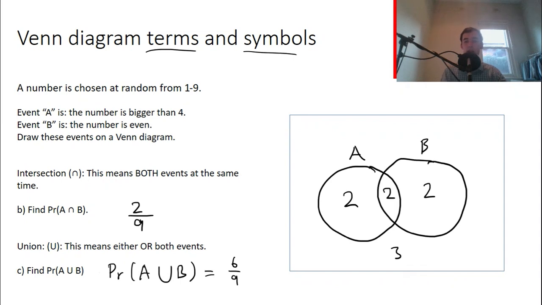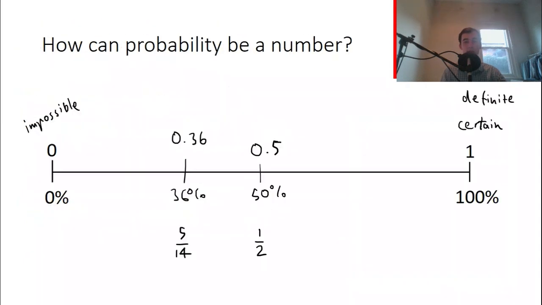All right. So just to recap, what have we learnt? We've learnt how probability can be a number, and it can be a percentage or a decimal or a fraction. And what those numbers mean, keep in mind that 1 is the highest possible probability if it's a decimal. You can't have a probability bigger than 1.